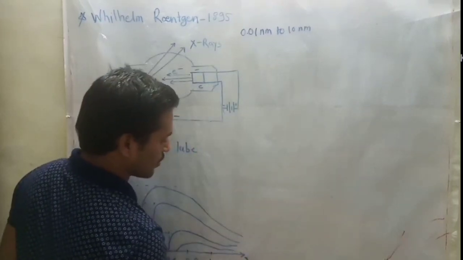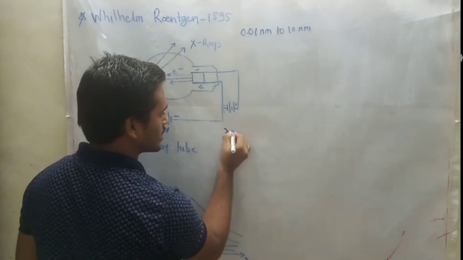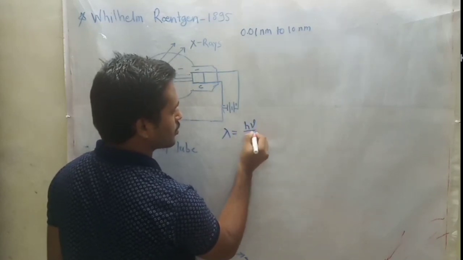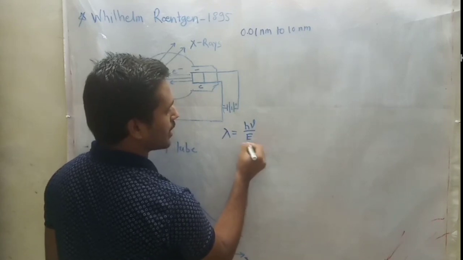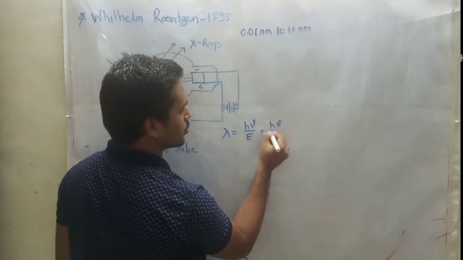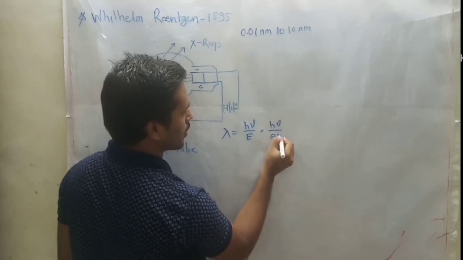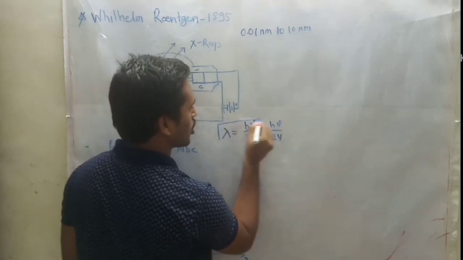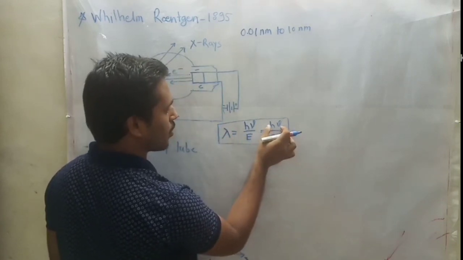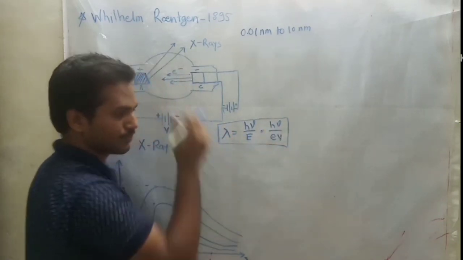first of all, this wavelength can be calculated as hc upon E, and E is equivalent to eV, so hc upon eV. The wavelength of radiated X-rays can be calculated by this formula.